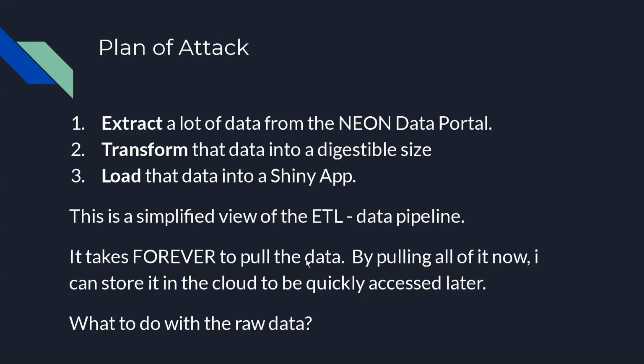My plan of attack was to extract a lot of data from the Neon data portal, transform that data into a digestible size, and then load that data into a Shiny app. This is a simplified view of the extract, transform, load data pipeline. The primary reason to do this is that it takes a very long time to pull the Neon data.